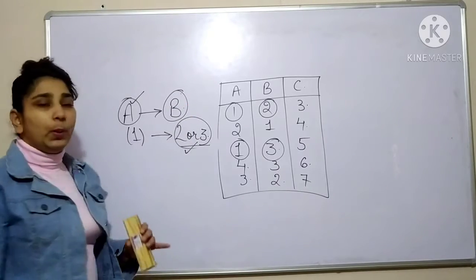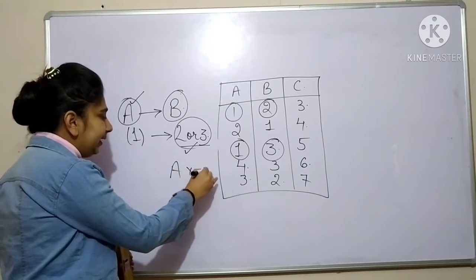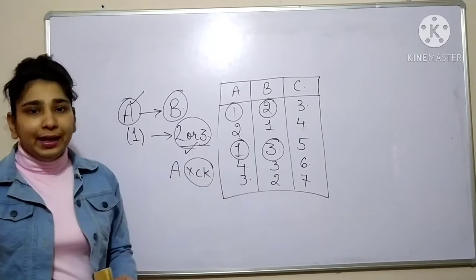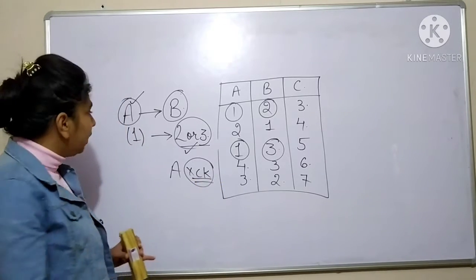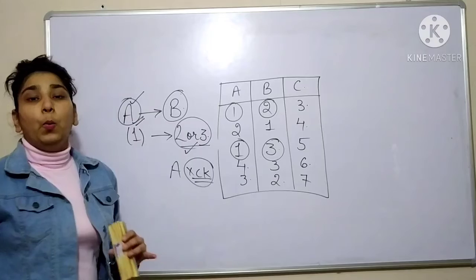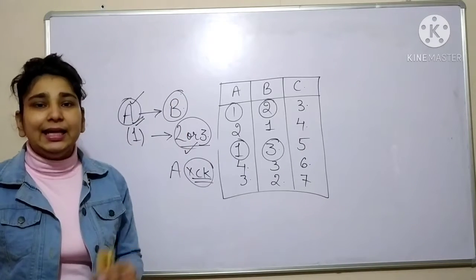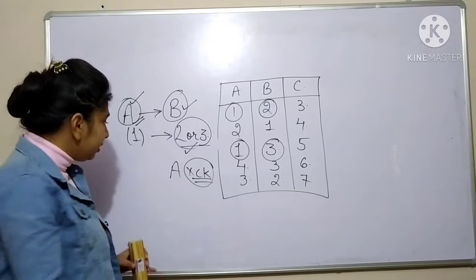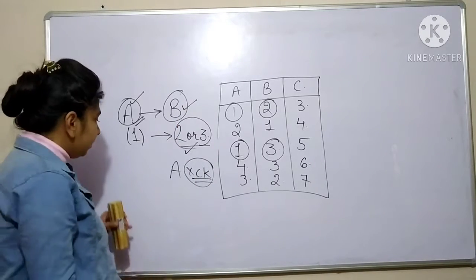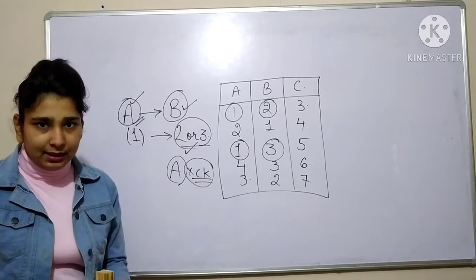So we cannot say that A is a candidate key. A cannot be a candidate key because if you are given the value of A, you are not able to uniquely get the value of B.